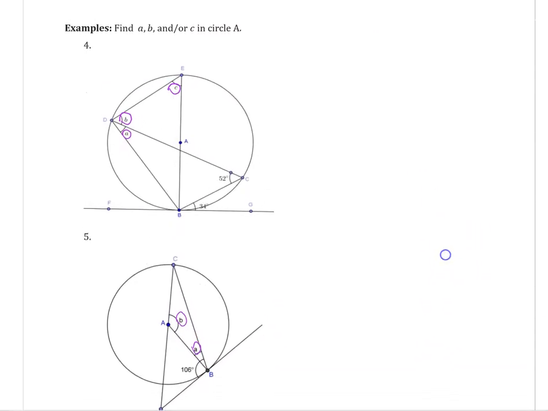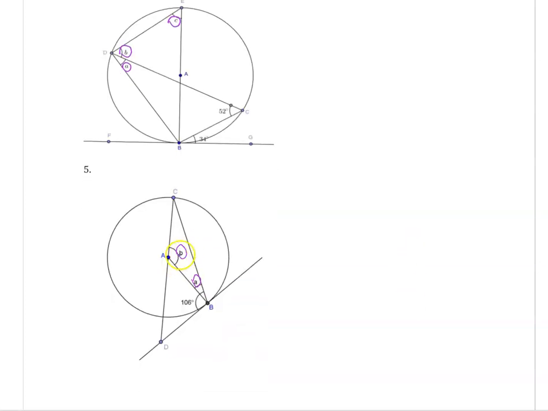Now you'll notice that I'll say find A, B, and C and circle A. That means A is the center of each of those circles. So for example, first thing I notice in number 5 is that means B is a central angle. Or angle A, I should say. Well, yeah, B, because it's at center A.